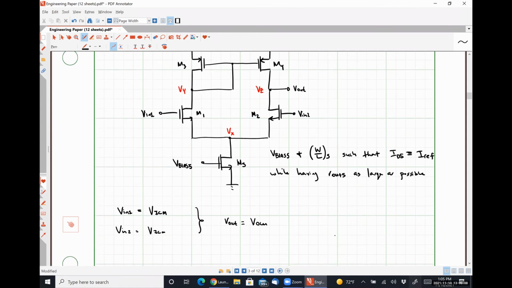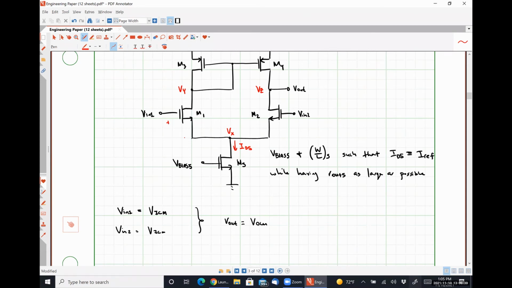Okay, so since VN1 and VN2 both have the same DC voltage level associated with them, it only makes sense that, actually, hold on, let me draw this here. So I didn't define ID5, so let's do that real quick. That's just the current being sourced by or passing through transistor 5.